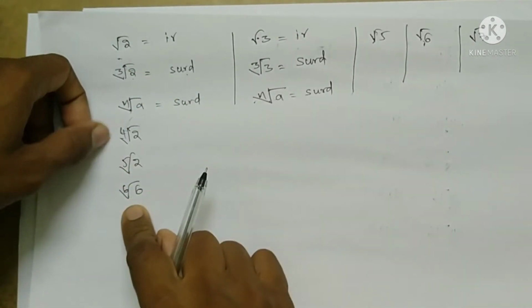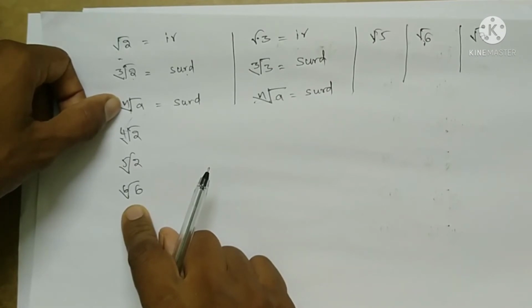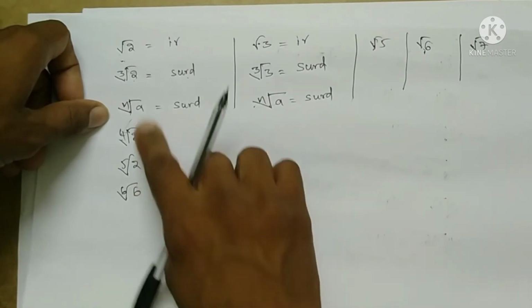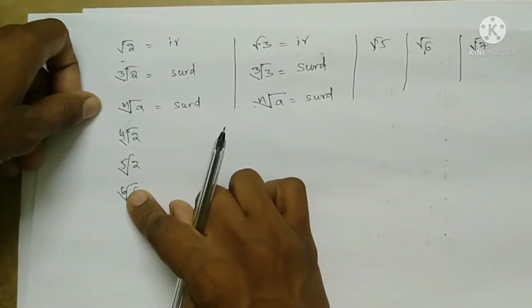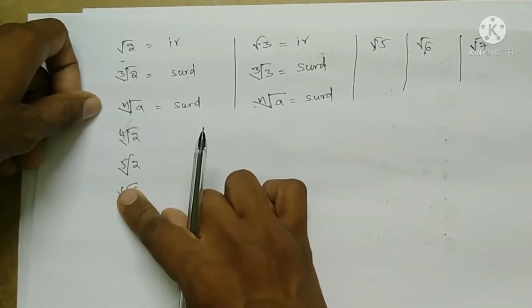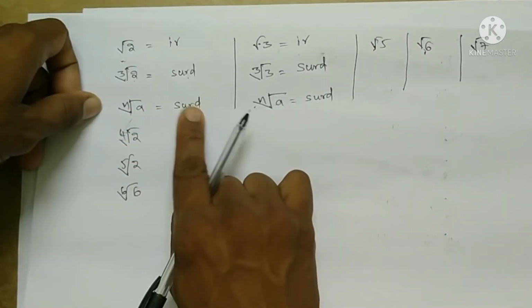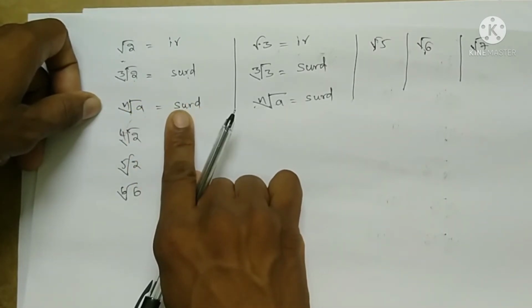These are numbers of the form nth root of a. The results of the third root, fourth root, fifth root, sixth root are not rational, right? So these types of numbers are called surds, of the form nth root a.